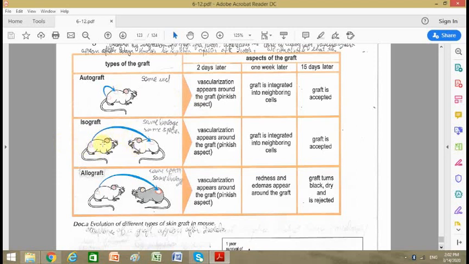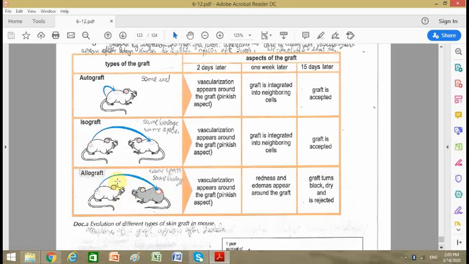They are genetically identical. And the 2 grafts, the autograft and the isograft, we can see that they are both accepted 15 days later. And we can see that they have a set of events that take place, which is vascularization. They become richly vascularized, and then they are integrated in the neighboring cells, followed by the acceptance of this graft.